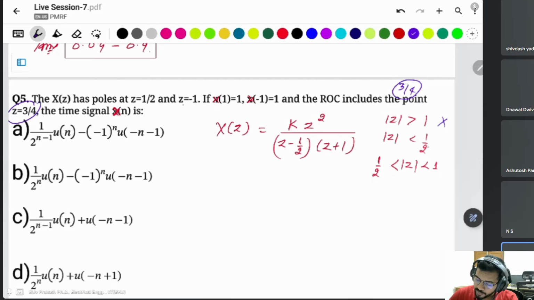Less than 1 by 2, 3 by 4 is greater than 1 by 2, this will be 0.5, this will be 0.75. That's why this is also not possible. This is your ROC, greater than half and less than 1. Then first of all find the value of k.